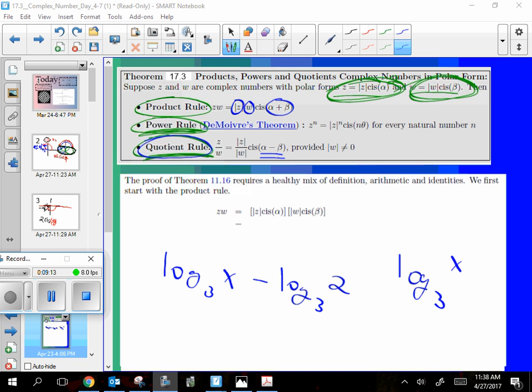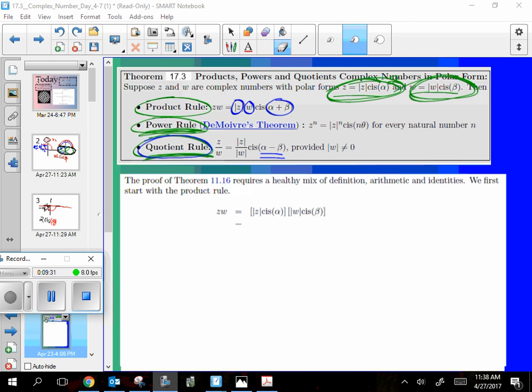Not x minus 2. That would be minus going with minus. Divide went with subtract. Does that make sense? That's just a little echo from logs. It's been a while. All right, so back to if quotient is where you divide them. Of course, you just divide the two R's. You subtract the two angles.